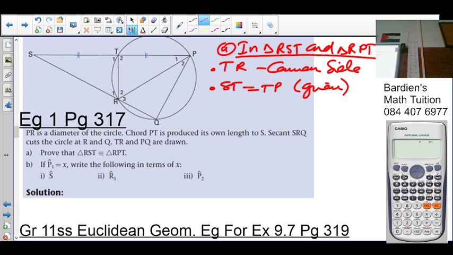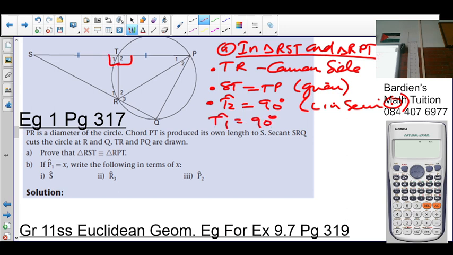Last one, we say that T2 is equal to 90 degrees. Why is that 90? Angle in semicircle. Then we say T1 is 90. Why? Angle on a straight line. And therefore T1 is equal to T2, which is equal to 90.